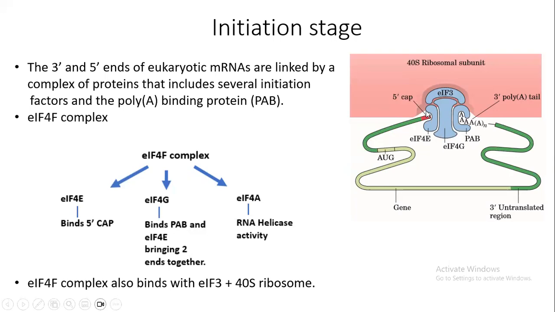First, the 5 prime cap helps the transportation of messenger RNA from the nucleus through the nuclear pore complex into the cytosol. So basically, the proteins of the nuclear pore complex will catch hold of the messenger RNA by interacting with the 5 prime cap, and it helps in transporting the messenger RNA across the nuclear membrane.